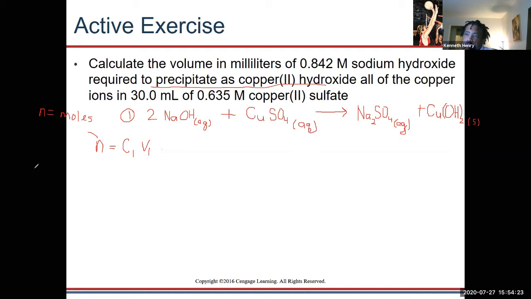So we know that C is our concentration, in molarity. And V is volume.